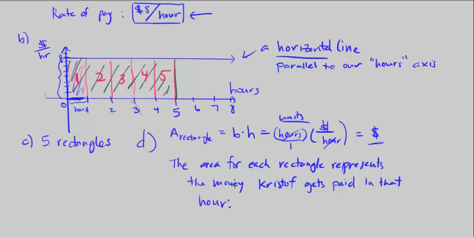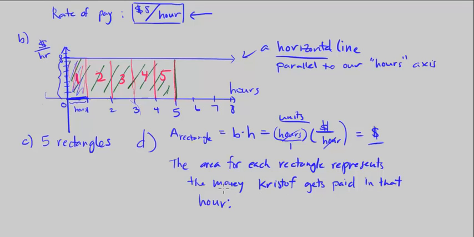So what is the area? The base from 0 to 1 is 1, from 1 to 2 it's 1. Each base for each rectangle is going to be length 1 hour, and each height is going to be $8 per hour.